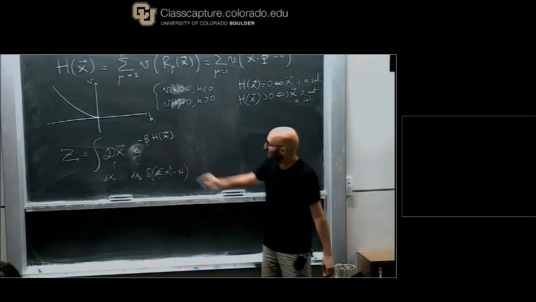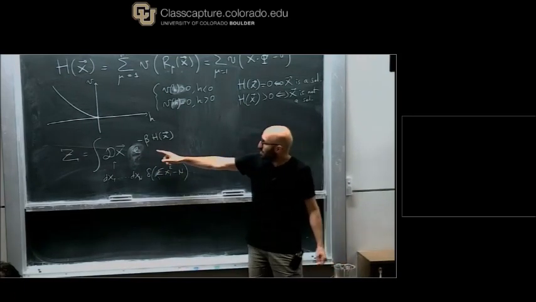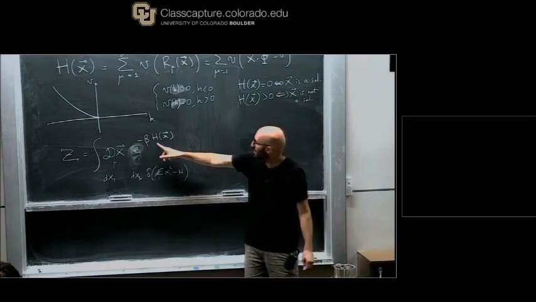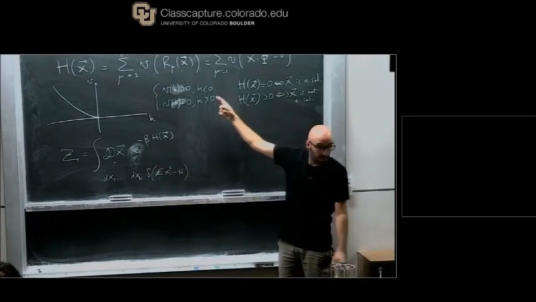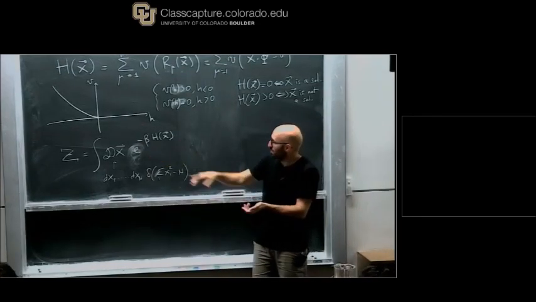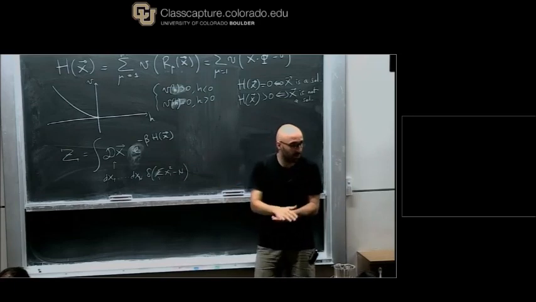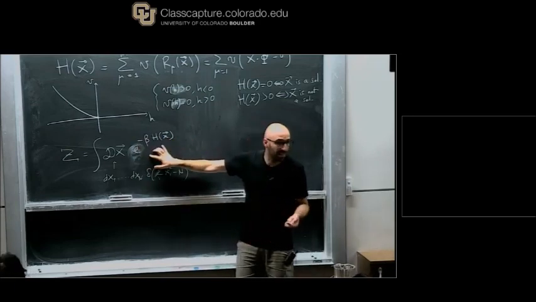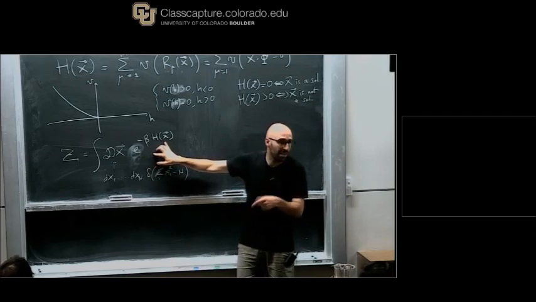And then I have this factor, which means when I send beta to infinity, if there are solutions, then this will be concentrated on the solutions that have 0 energy, the lowest possible energy, and so this factor will become 1 on the solutions and 0 on all the other states.